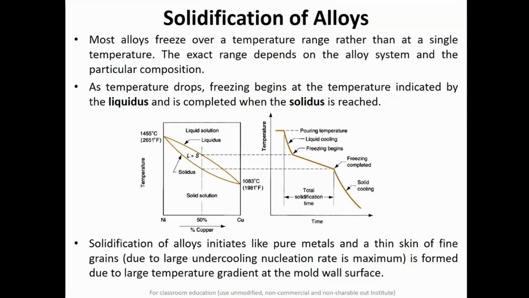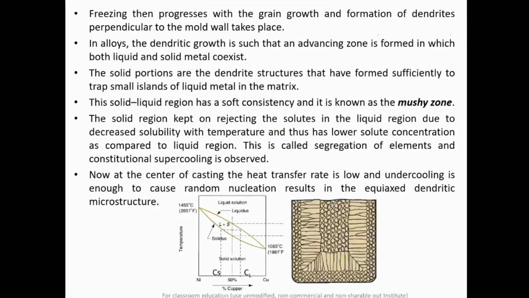Due to this, fine grains are formed, all due to a large temperature gradient at the mold wall surface. As the solidification process progresses, there is grain growth, and you can see the grain growth takes place perpendicular to the mold wall surface.